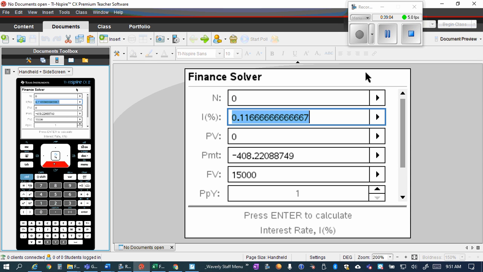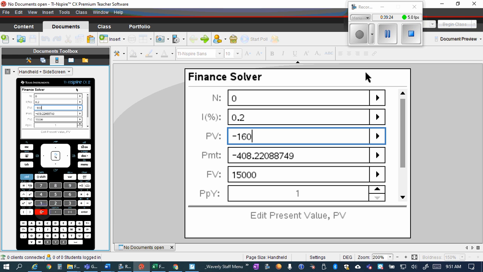Now the rate in example 4 was 2.4 divided by 12, right? The present value is what you took out, so that would be negative 16,000. Zero for payment, we're not doing that.